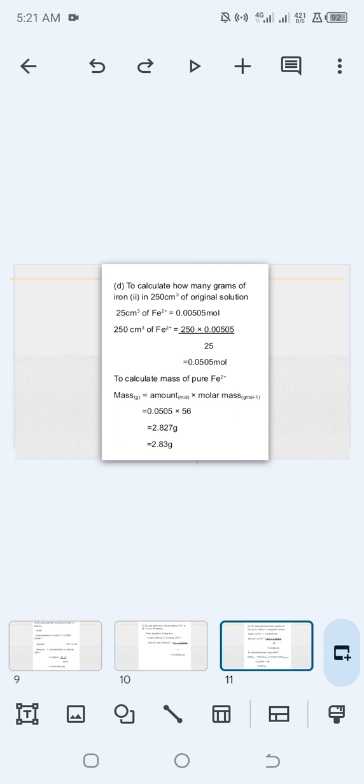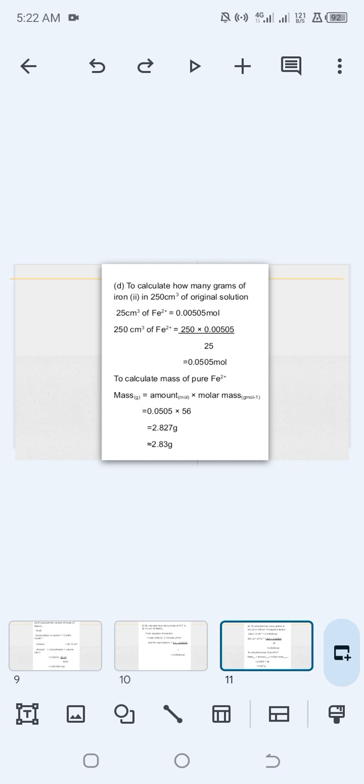Which gives 0.0505 moles. Now, to calculate the mass, mass is equal to amount, the amount given in moles, multiplied by molar mass. The relative molar mass of iron is 56. We are using that because it's just an element, not a compound.